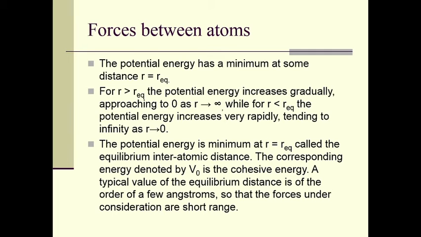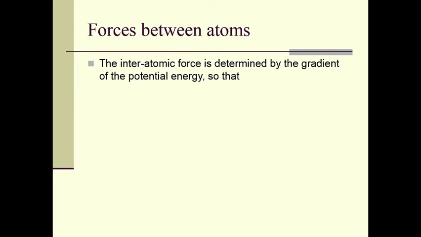So it is of the order of 10 raised to minus 10 meters or 10 raised to minus 8 centimeters, right. So the forces under consideration are short range. We can see the distance is of the order of 10 raised to minus 10 meter, and because of that we can say the forces are short range forces, right.